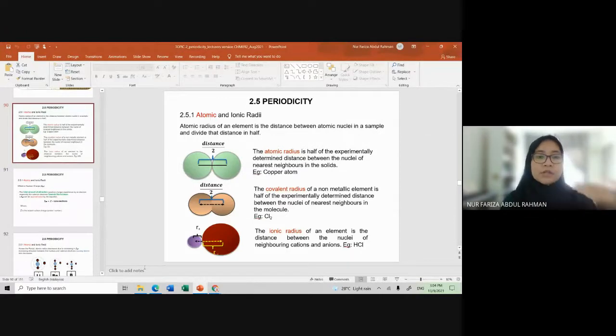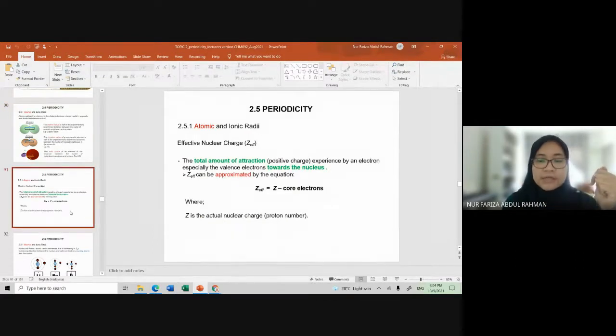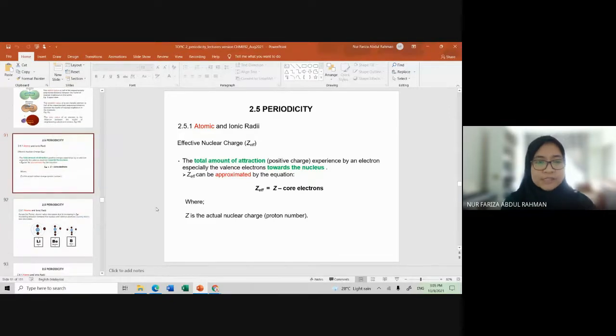Across the period, we have to highlight Z effective. You have been introduced to how to calculate the Z effective, how we approximate the attraction felt by the valence electron.